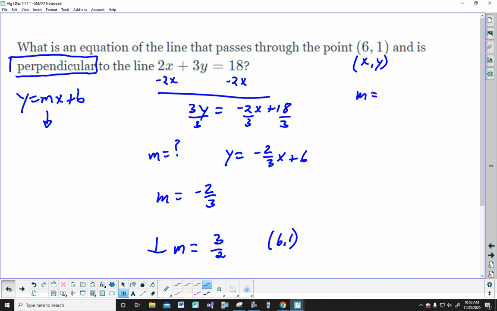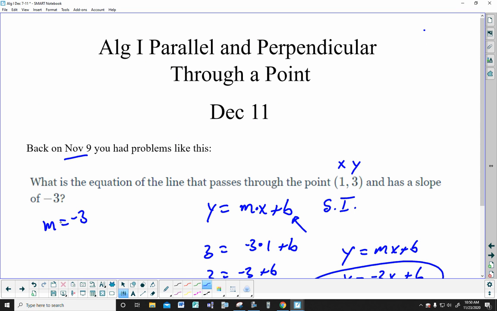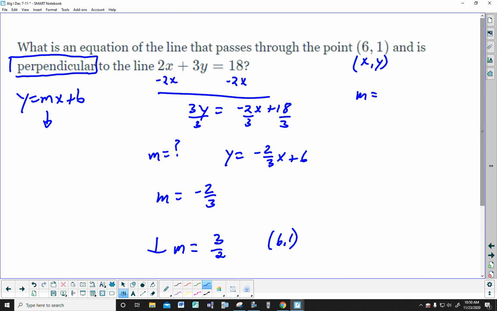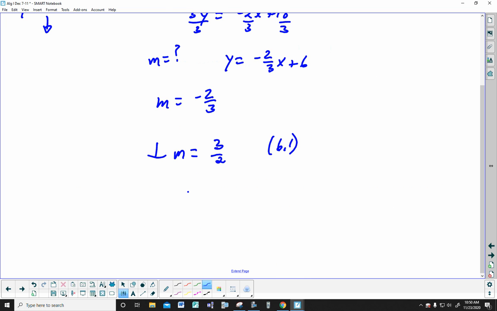Now it's just like this problem here. You know the slope and you know a point. Find the equation. So you go, I want this, I know the x and y, and I know the slope. So 1 is equal to 3/2 times your x value plus b. The 2 reduces with the 6 and leaves you 3. So I have 1 is equal to 9 plus b.